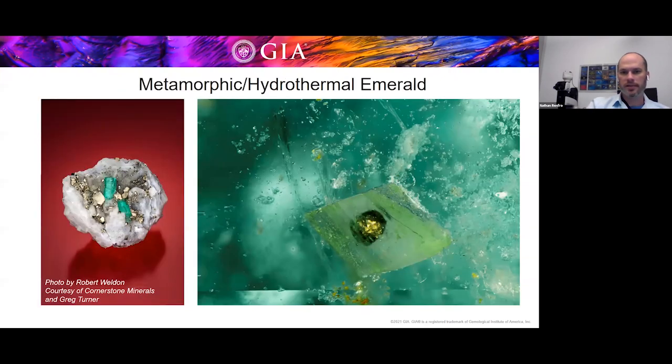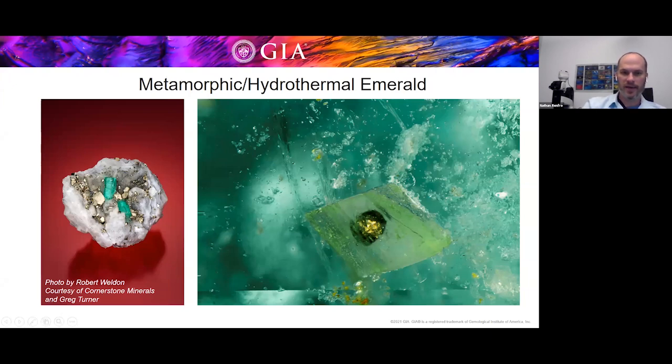So here, in contrast to the schist-hosted emerald, we have metamorphic hydrothermal emeralds. These emeralds form in hydrothermal, or hot water, types of environments due to metamorphic activity. In the case of this stone, you have a Colombian emerald, and the host material is this calcite rock, and you also have a lot of pyrite grains, and these form in these organic shales.